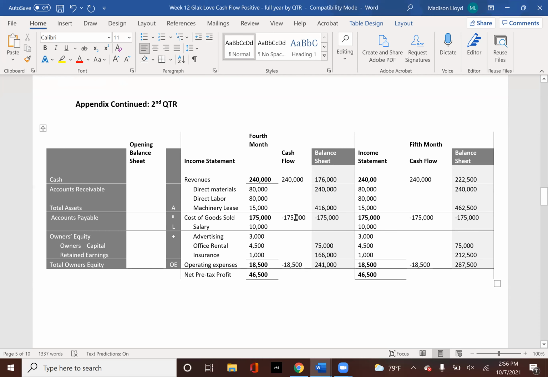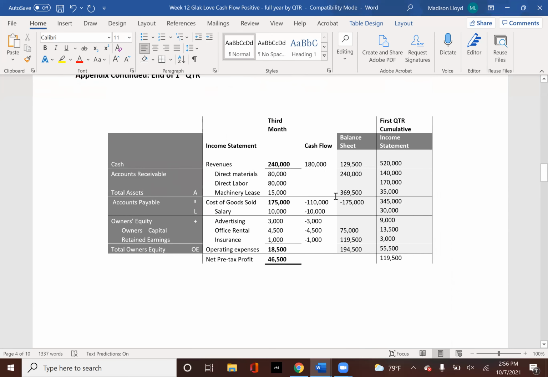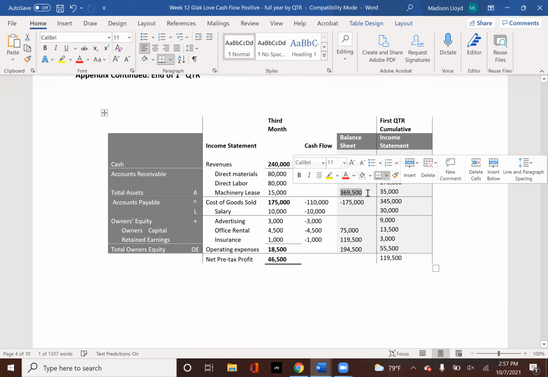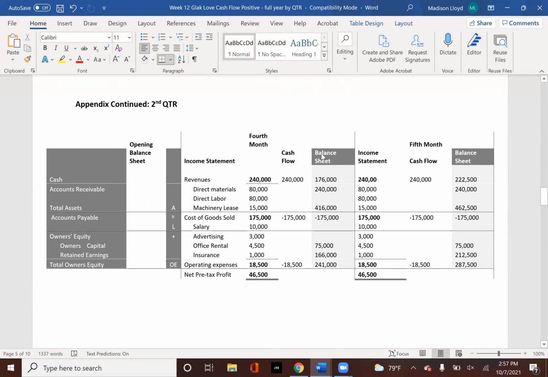So does anybody remember the account that we pay all of our expenses out of? We scroll back out over here. It's our total assets account. Our total assets is our cash and our accounts receivable that we have available to us to pay our expenses. So you're going to use this value in your total assets block to pay off your expenses.